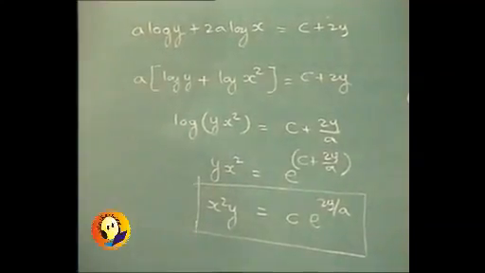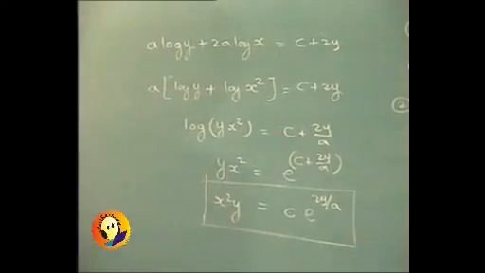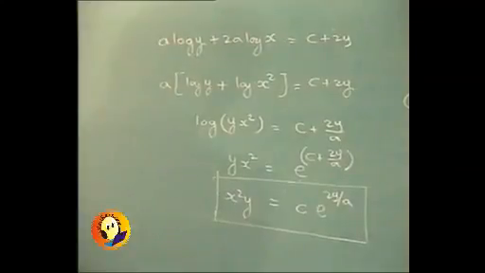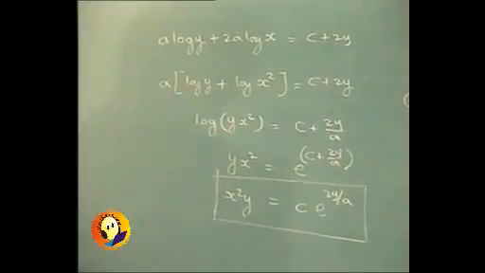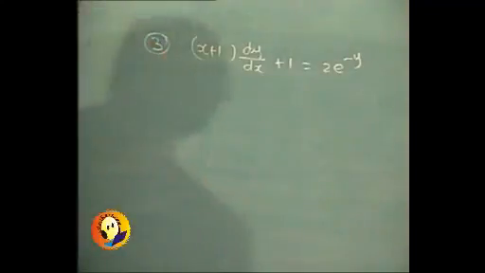So though the variables are not given in the separable form, we can very well separate them and then obtain the solution. Consider problem number 3. It is (x plus 1) dy by dx plus 1 equal to 2 e raised to minus y.